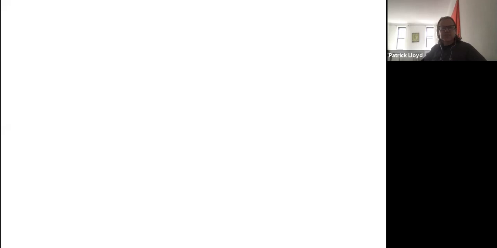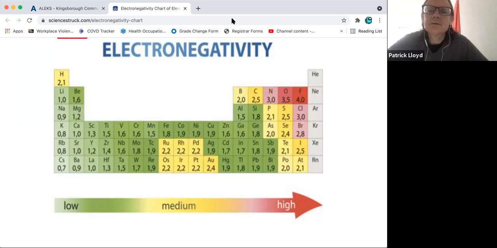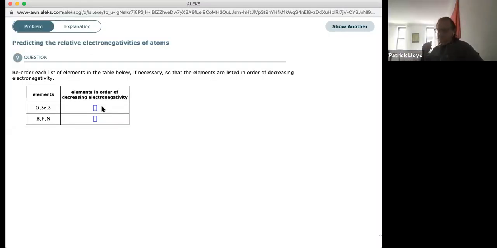So the first one I want to look at. Okay, there's your chart, and here's the first one.